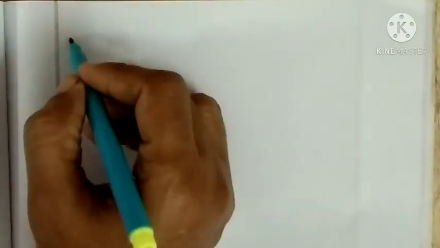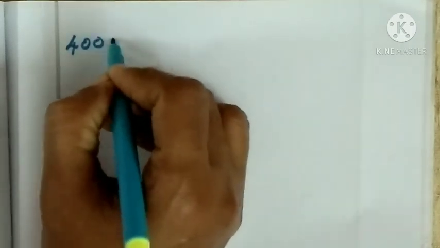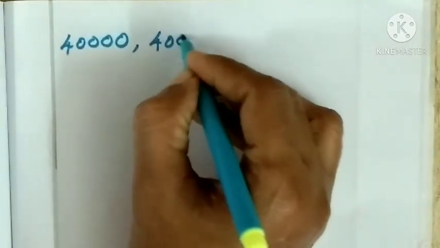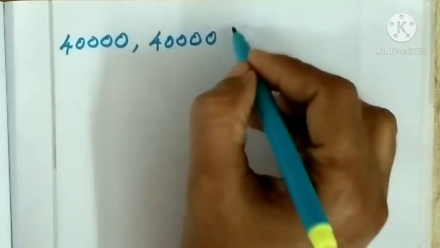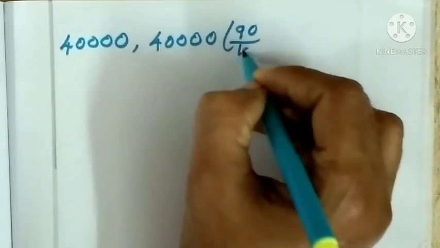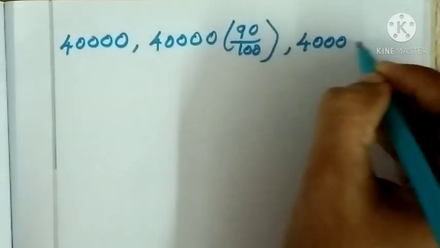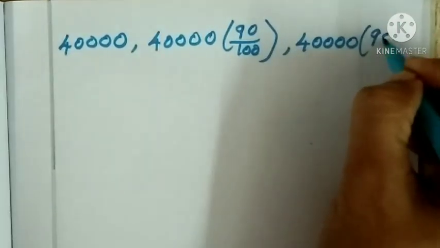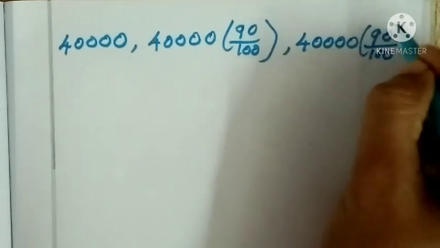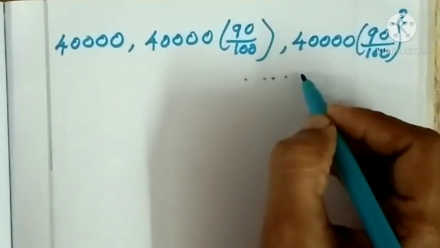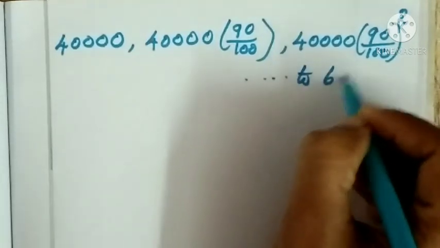Hence, the GP is 40,000, 40,000 into 90 by 100, 40,000 into 90 by 100 the whole square, and so on up to 6 terms.